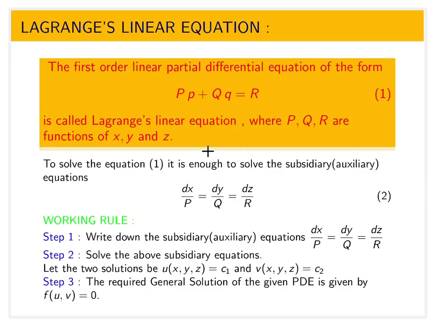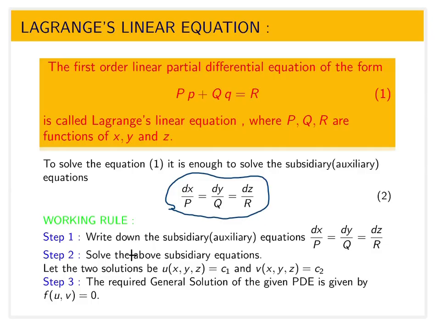To solve the Lagrange linear equations, first we form the subsidiary equations, or auxiliary equations. The subsidiary equation is of the form dx divided by P is equal to dy divided by Q is equal to dz divided by R. What is the working rule?